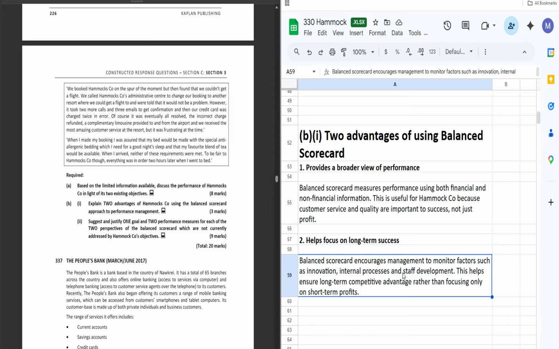Okay, so these 2 are the advantages. You can explain in your own way as well. It is not necessary to write the same points which I have mentioned here.